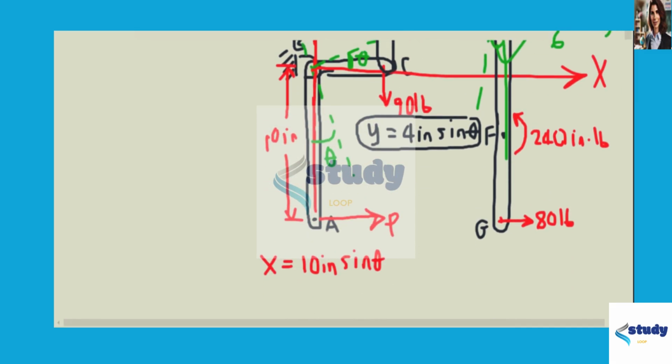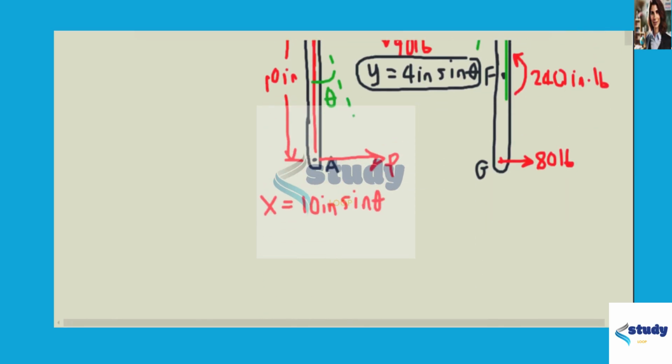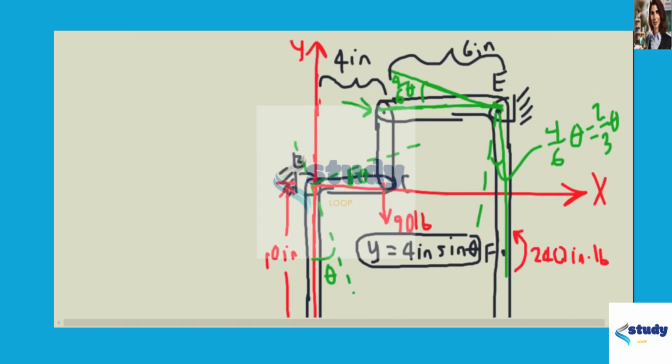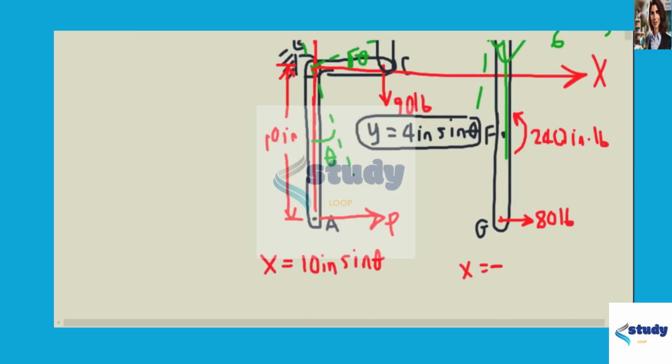And so, X, I wanted red, X equals negative. The distance from the pivot is 15. And then that's also going to be the sine, but now it's going to be 2/3 of theta.